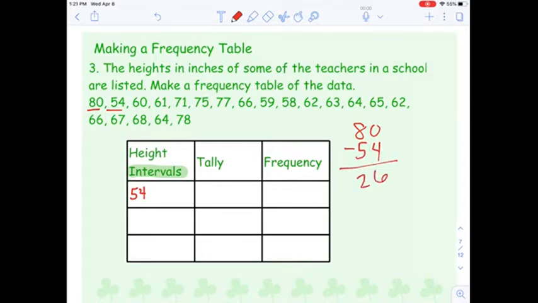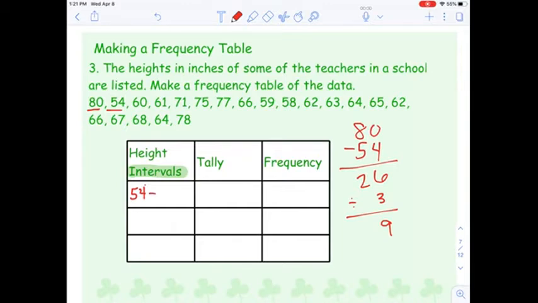From there, I know we have 3 rows here, so I am going to divide this by 3. I then get 8.6, really close to 9, so I'm going to round that up to a whole number of 9. So I know that my intervals have to be 9, okay?